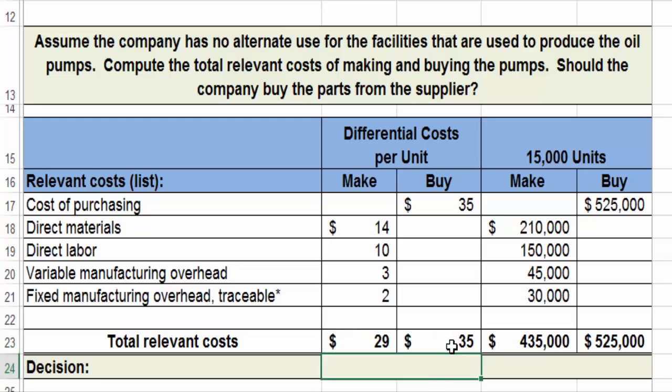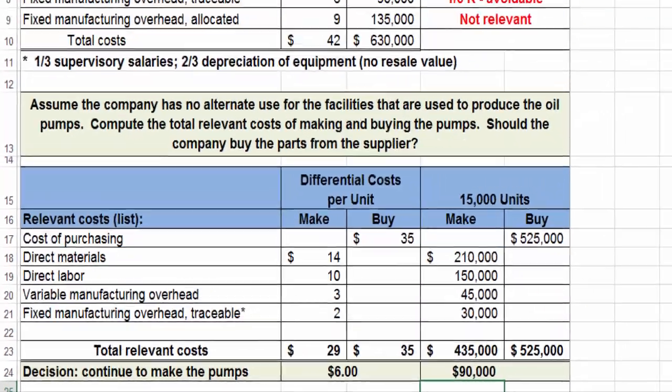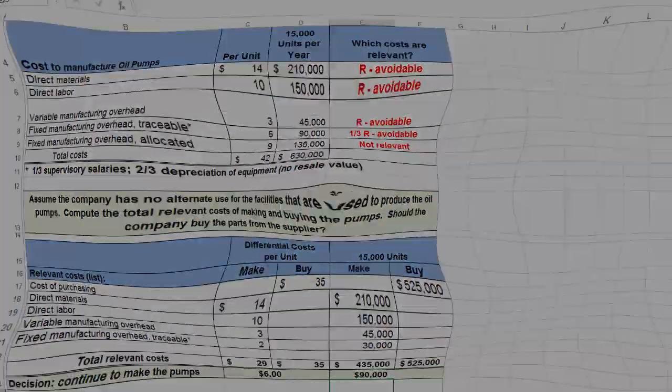Your company will benefit by $6 per pump, the difference between $35 and $29, if you decide to continue to make the pumps. And in fact, from a total standpoint, it is $90,000. You'll make $90,000 more in net operating income if you continue to make the pump versus buying the pumps outside.